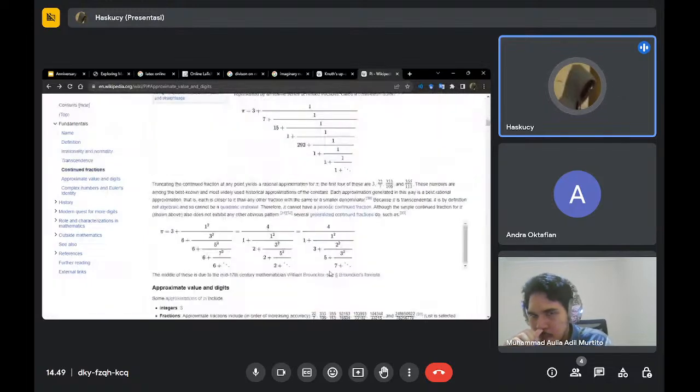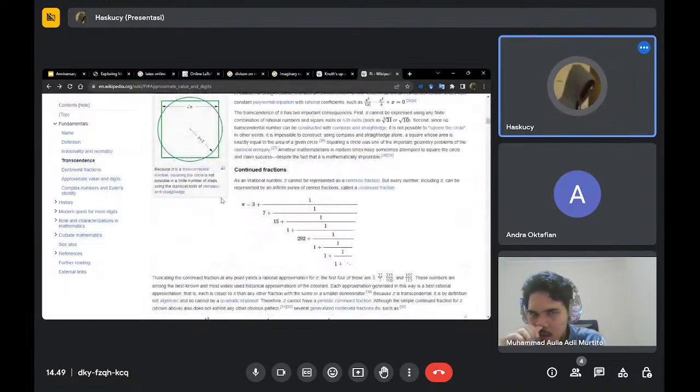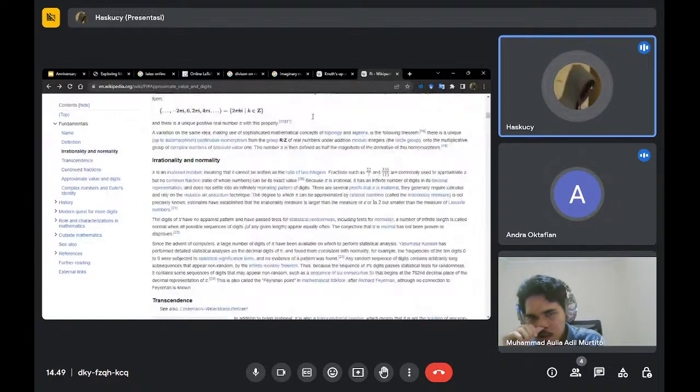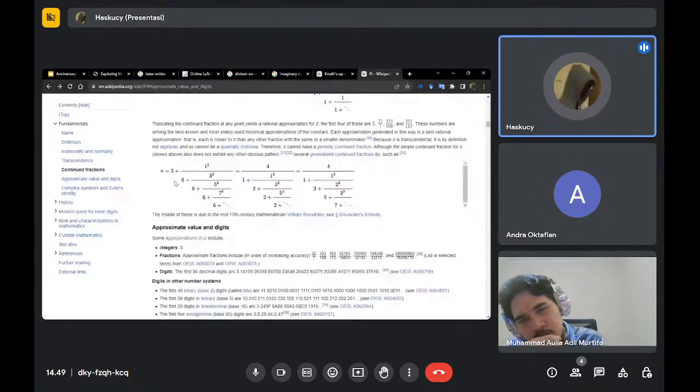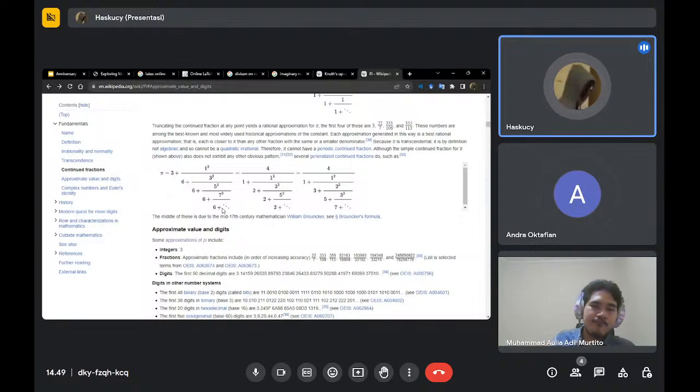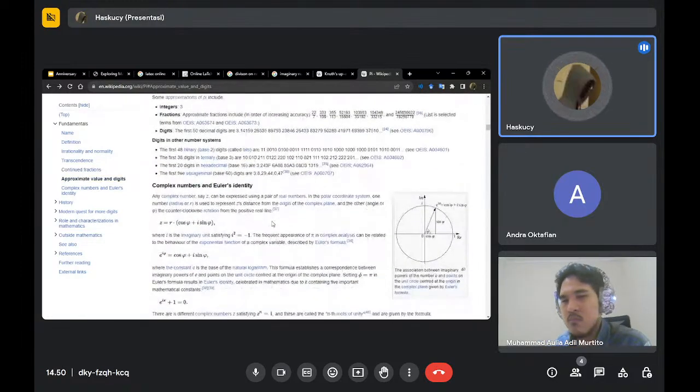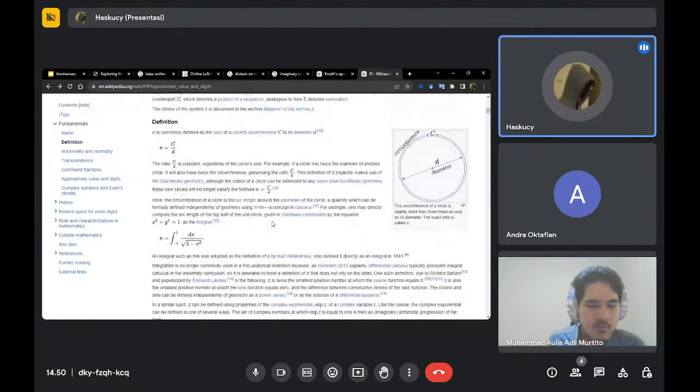Instead, we can express it in something more like this. There is a pattern here, but the pattern is not close to a finite number, basically.